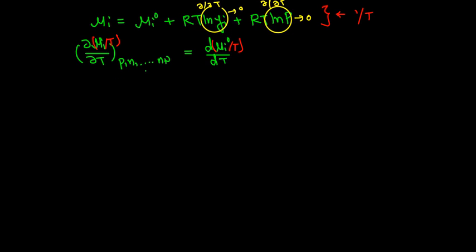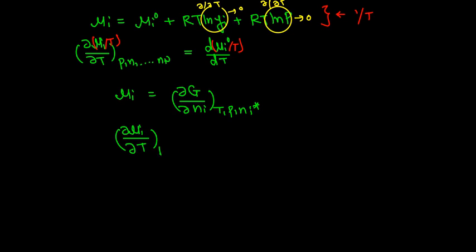Okay, and for that I start with my definition of μi, which is equal to del G by del Ni at constant T, P, Ni star, and then I differentiate this μi by del T at constant P and N1 and so on.